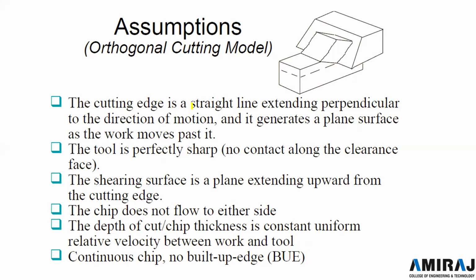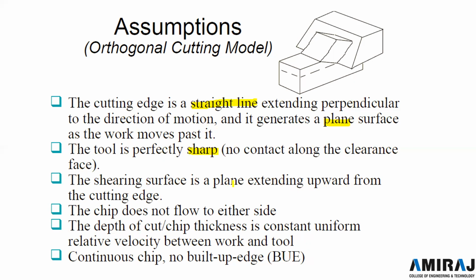Here you can see there is one straight line extended perpendicular to the direction of motion, and it generates a plane surface, and the work moves past it, okay. And the tool is perfectly sharp with no contact along the clearance face, while the shearing surface is a plane extending upward from the cutting edge.